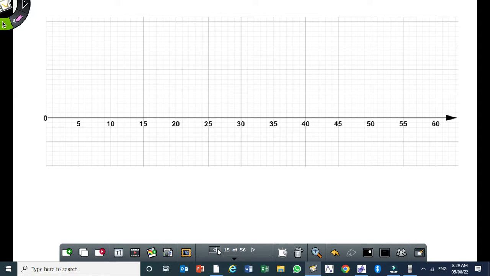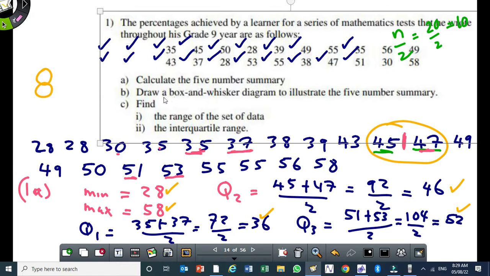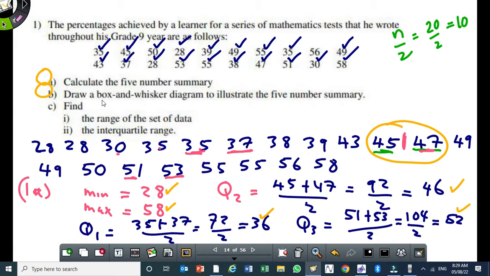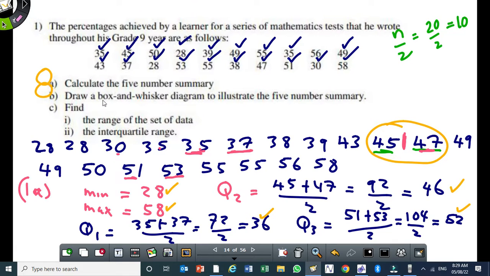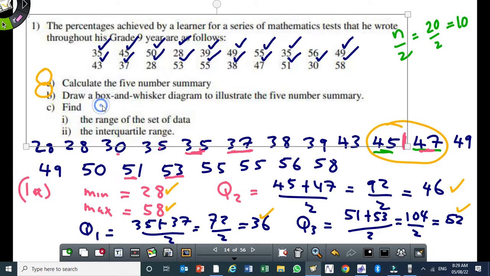So let's carry on. So after finding the 5-number summary, the next thing now is to draw the box and whisker diagram. Right? Now, to draw the box and whisker, it's not that complicated. Okay?